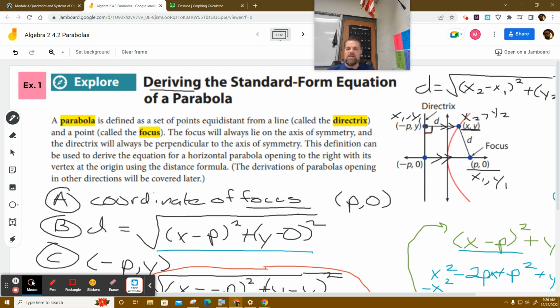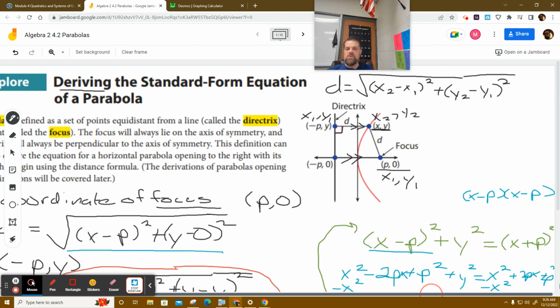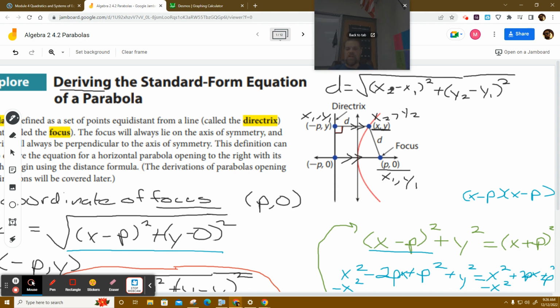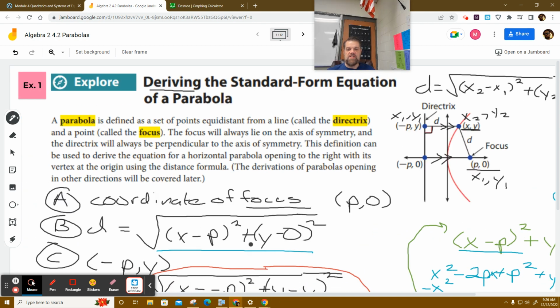So if you have a line that goes from the directrix straight to the parabola such that it forms a 90-degree angle with the directrix, that distance from the parabola to the directrix is the same as the distance of the line segment from the parabola to the focus. And so we used the distance formula to calculate the distance here. And then we also used the distance formula to calculate the distance from here.